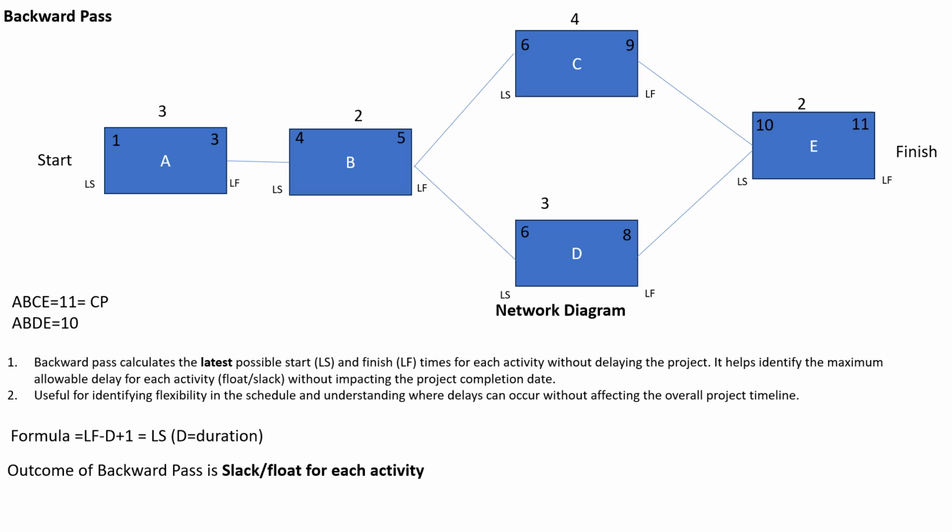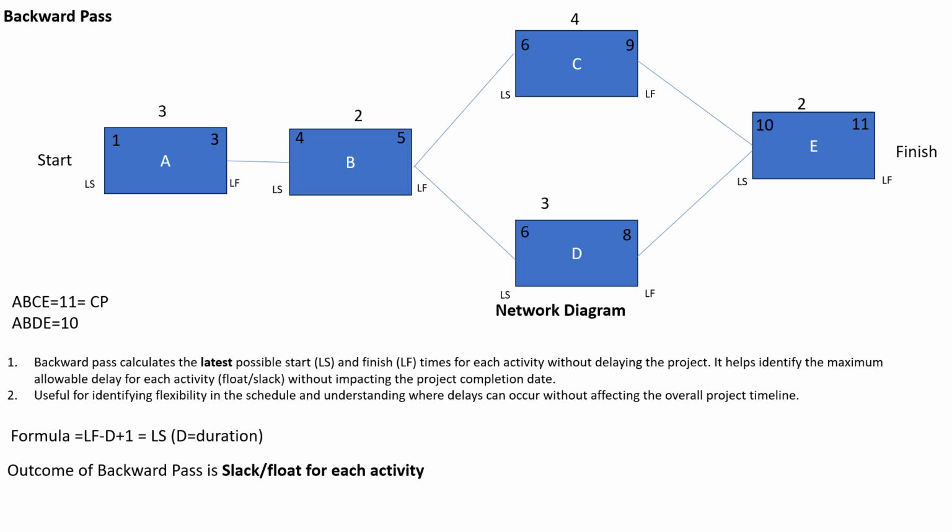And when we talk about the backward pass, it calculates the latest possible start and finish times for each activity without delaying the project. So it helps identify the maximum allowable delay for each activity without impacting the project completion date.